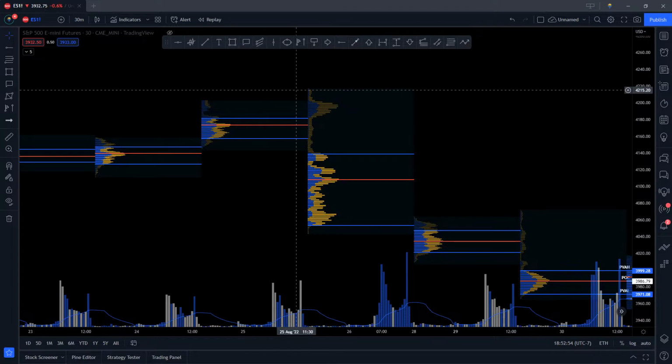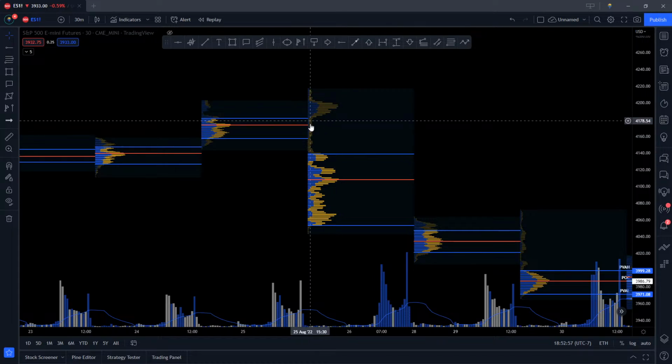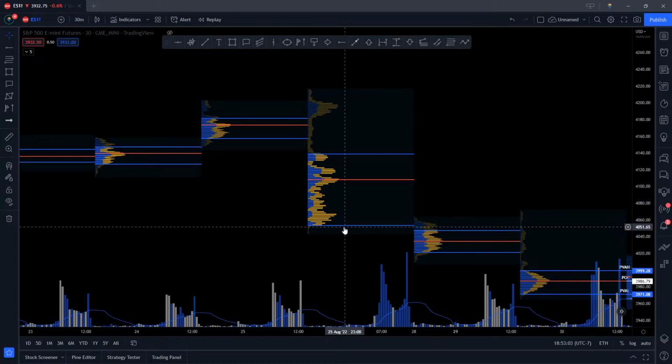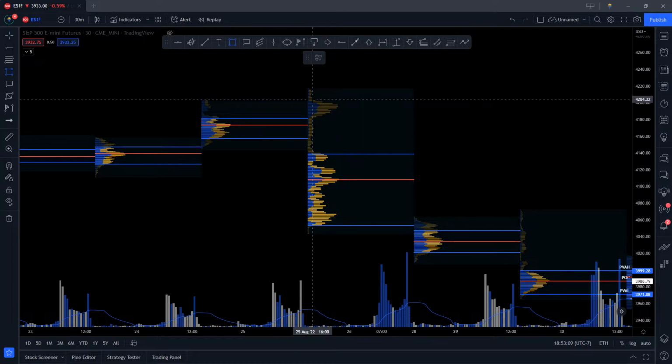These areas on the volume profile are called volume shelves. The way that I like to look at them is like rungs on a ladder or steps on a staircase.